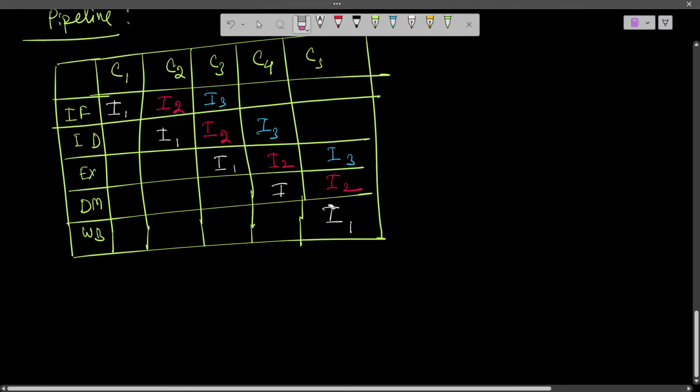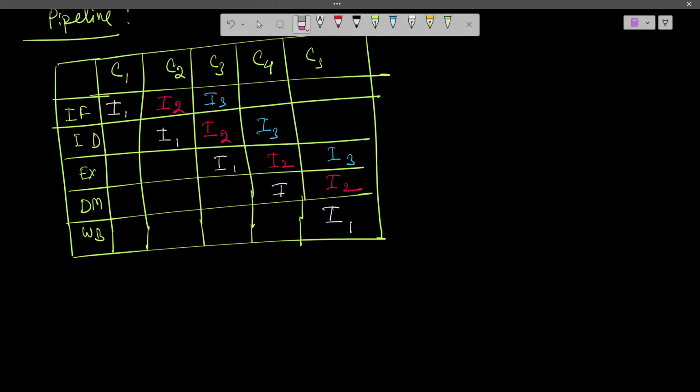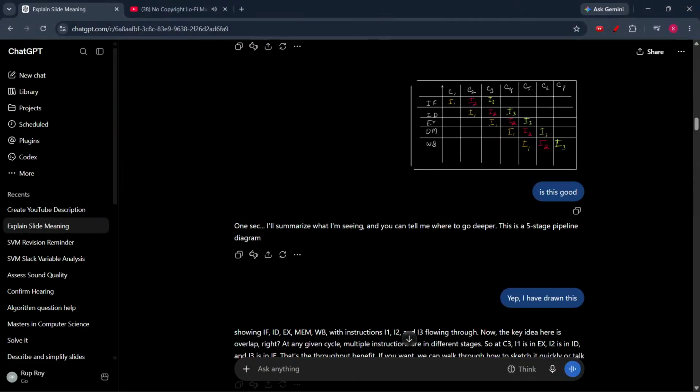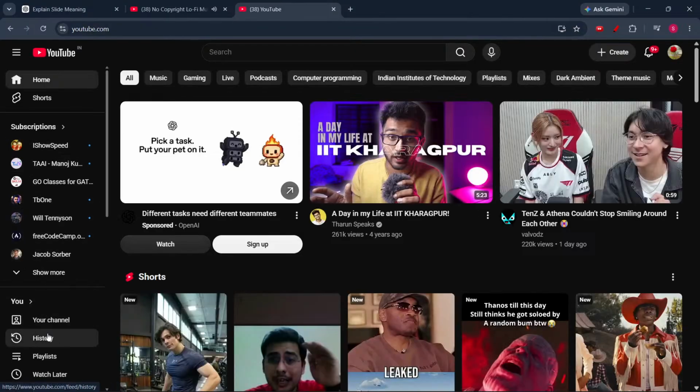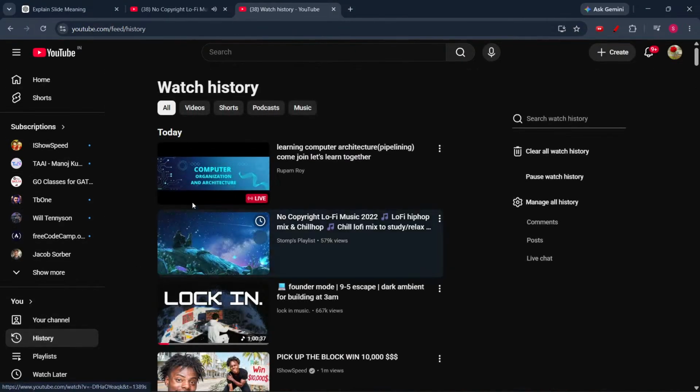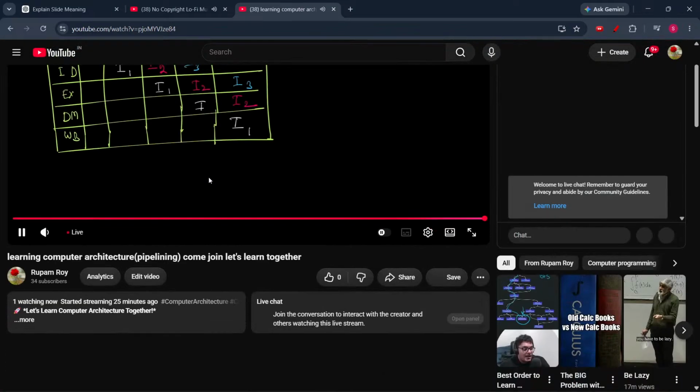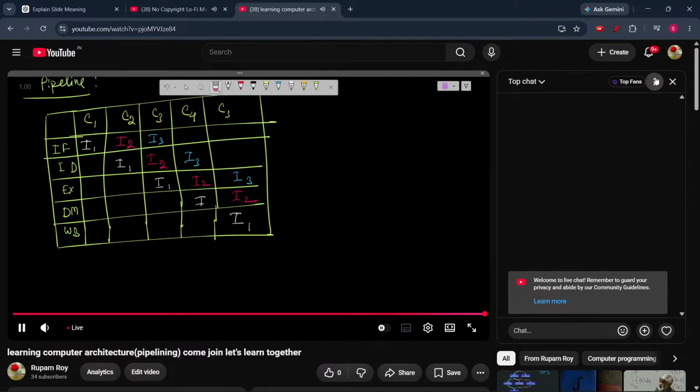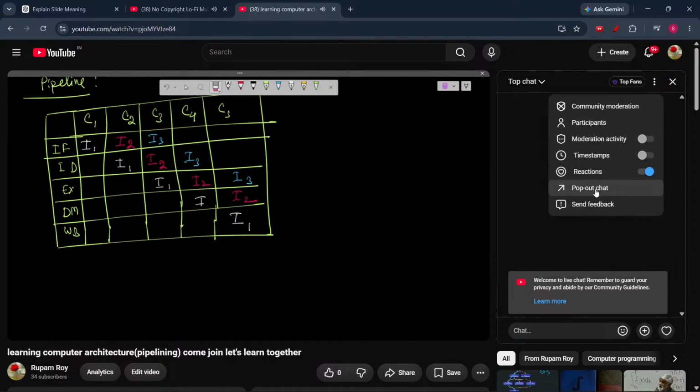When we approach non-pipelining, it will generally take much more clock cycles.